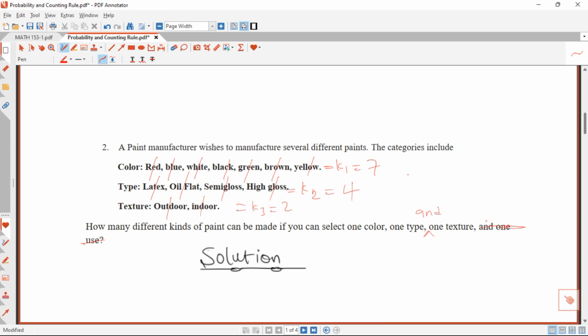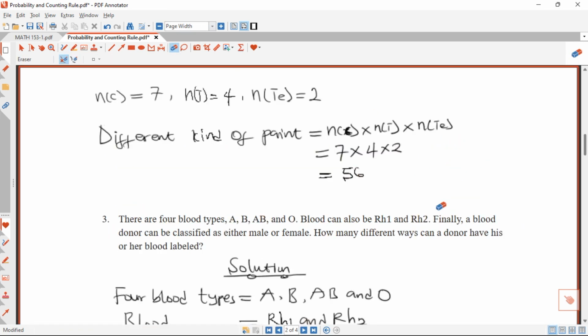The number of different kinds of paint is k1 times k2 times k3, which is 7 times 4 times 2, equal to 56. So 56 will be our final answer.